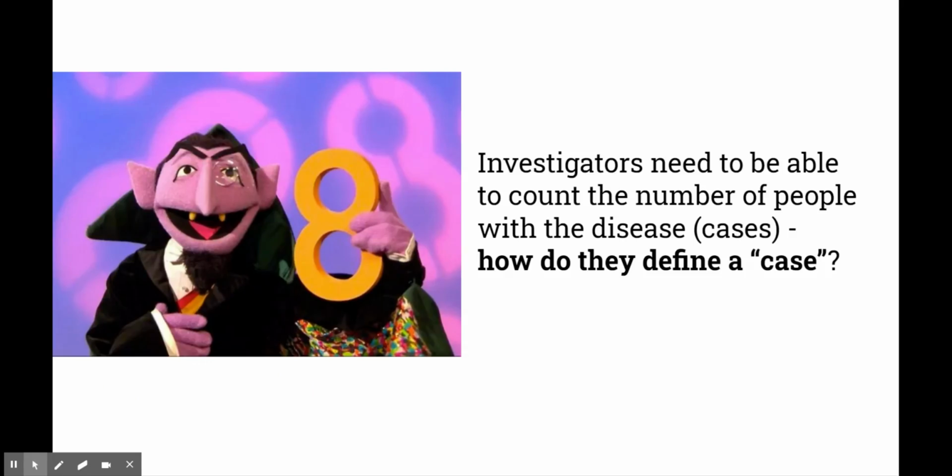So, we need to count disease, and in order to do so, we need to basically define who gets counted and who doesn't, who is a case and who isn't, who gets counted and put in one of those dashboards as a COVID-19 case, and who maybe just has the flu or something else, maybe that is kind of similar looking but not caused by the virus.